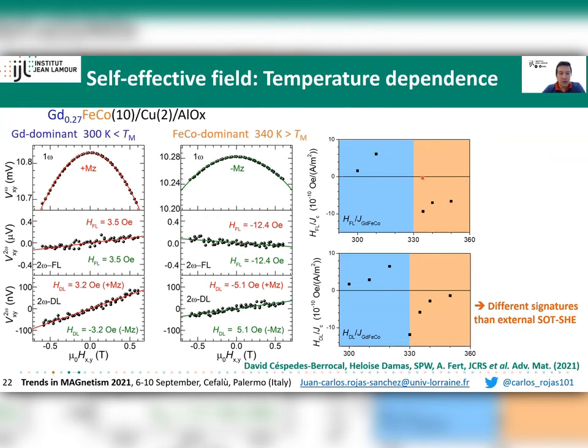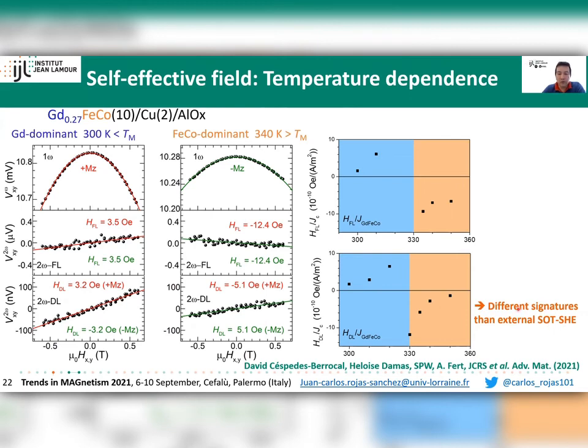On the other hand, at the bottom, we have the signal of the damping-like term, and there is no change in the slope in this second harmonic signal for the damping-like configuration. And that also means that this effective damping-like field changes sign. This is a totally different signature from what we know in the community from the external spin Hall effect.